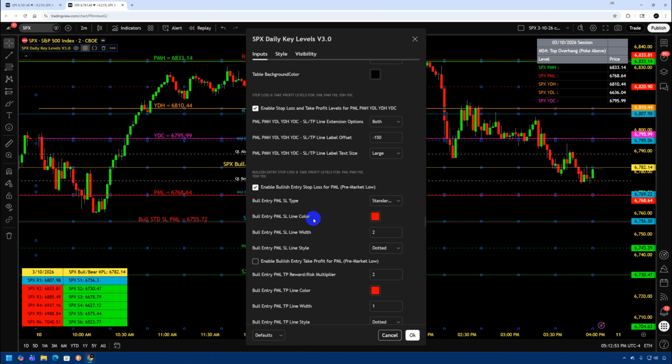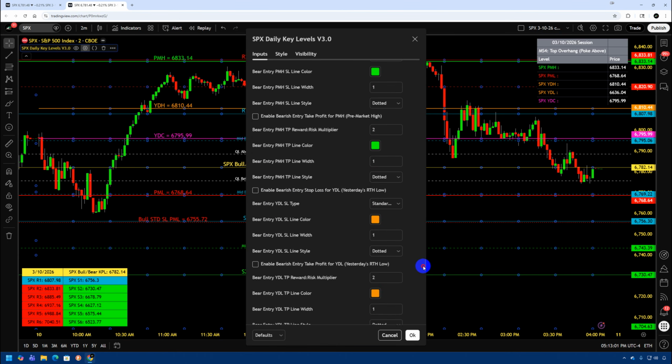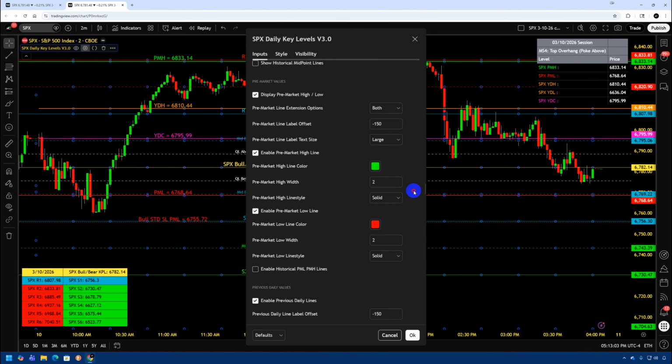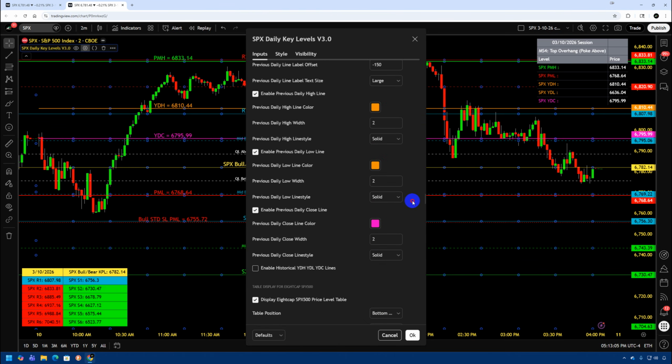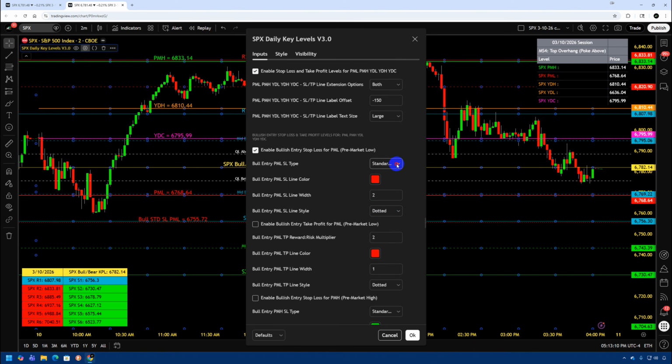So anyway, you go down here and we have enable bullish entry stop loss for PML. You also have it for all the other levels as well, and there's also a bearish section as well. Here you pick standard or tight.